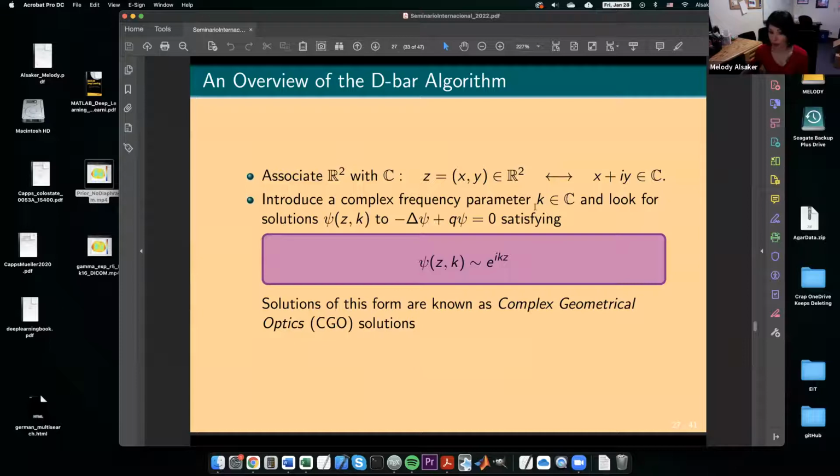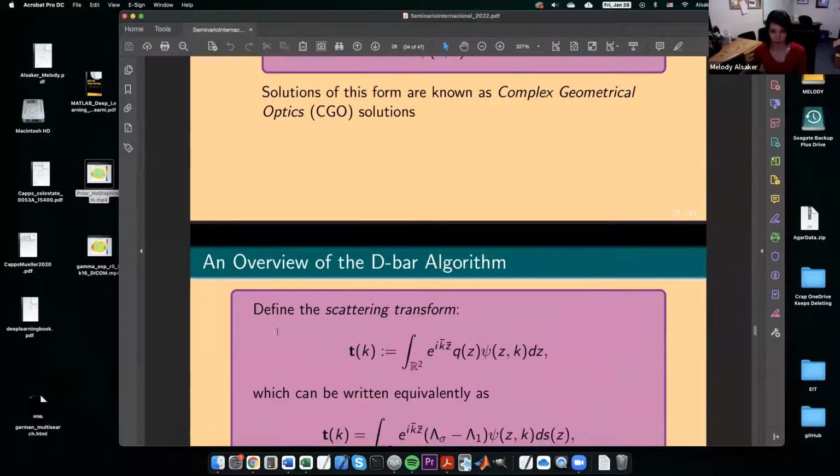This is non-physical. It doesn't have a physical representation. You just kind of stick it in there. And we look for a solution psi to the Schrodinger equation satisfying this asymptotic condition. We want psi to be asymptotically equal to this complex exponential, e to the ikz. Solutions of this form are known as complex geometrical optics solutions.